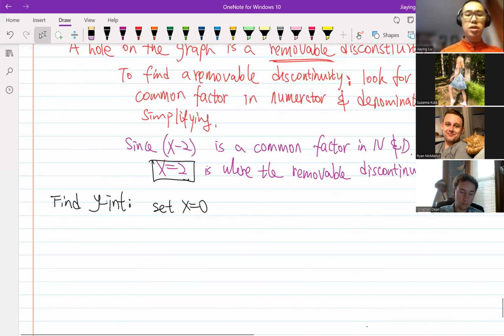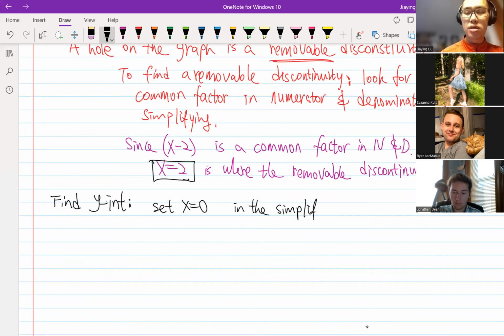So in the simplified version, I just want to point out that even for the horizontal asymptote, we can use the simplified version, but just note that whatever you simplify, that will give us a removable discontinuity. So you can factor first and then try to find the horizontal asymptote.